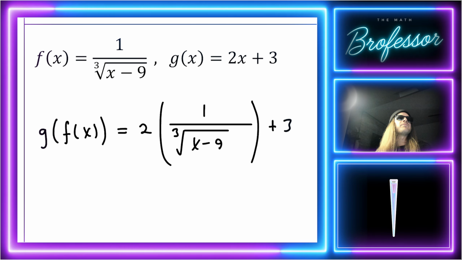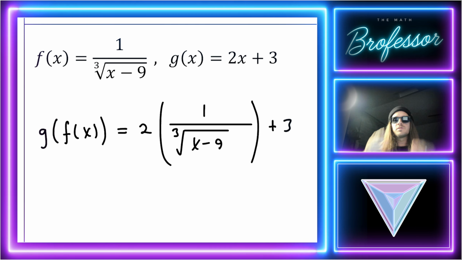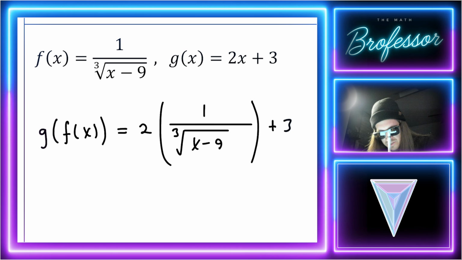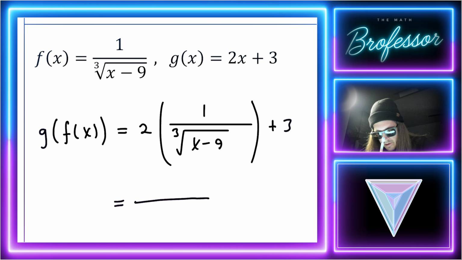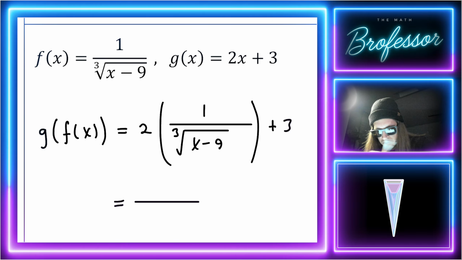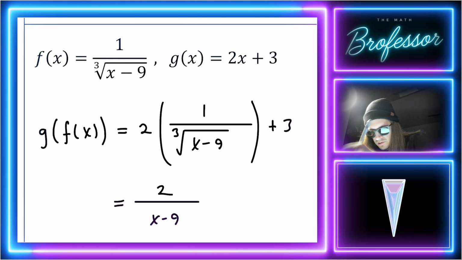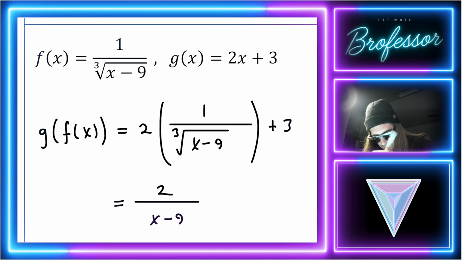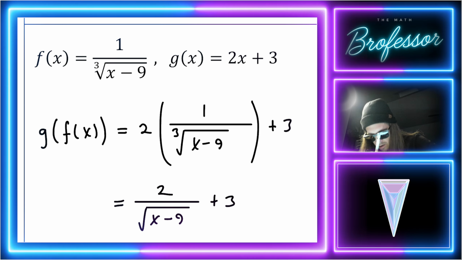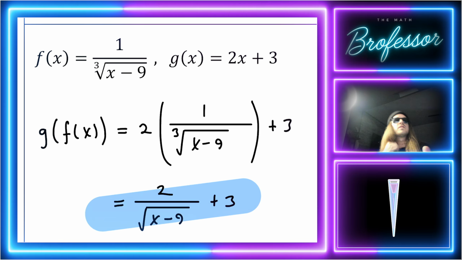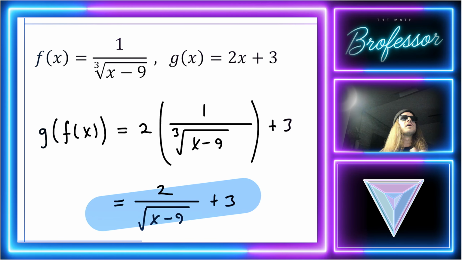Again, there's not a lot of algebra in these ones. We're literally just taking the function and plopping it into the other one without much simplification. If you want to get rid of the parentheses here and plop that 2 to the top, you can. We can do 2 times 1 is 2 over cube root of x minus 9 plus 3 on the outside. And we're not going to try to write that as a single fraction. That's just doing too much. This right here is fine.